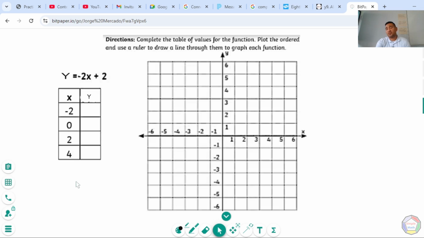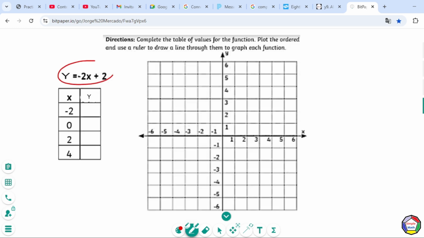So let's do it. All right, guys. So basically, I will evaluate the function with these values. So what happens if I have the equation y equals minus 2x plus 2?